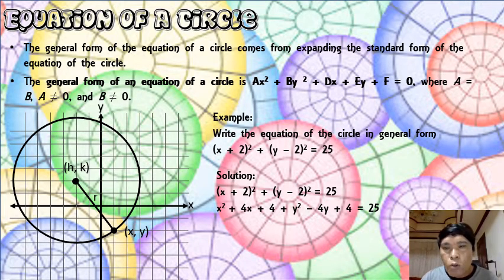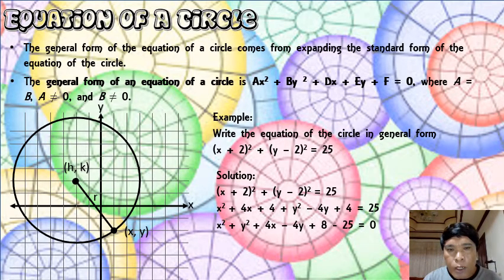Then, we simply combine like terms. So, rewrite x squared plus y squared plus 4x minus 4y. Then, 4 plus 4 equals 8. And transpose 25 becomes negative 25. Then equate to 0.